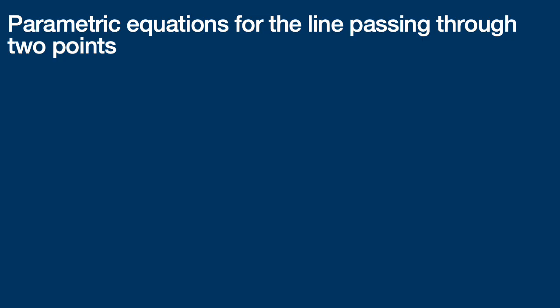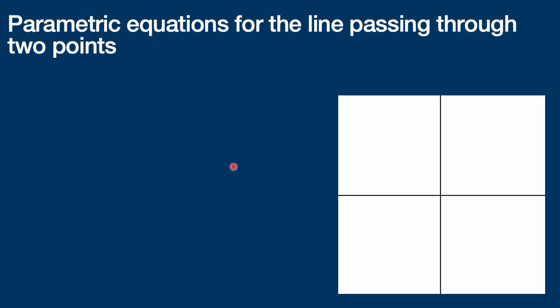This time, this is a very important example: find the parametric equation for the line passing through 2 points. So the idea is here, guys, you have 2 points. P1 is (x1, y1). Another one is (x2, y2). That's the point P2. Connect the 2 points. Start at P1 and end at P2.